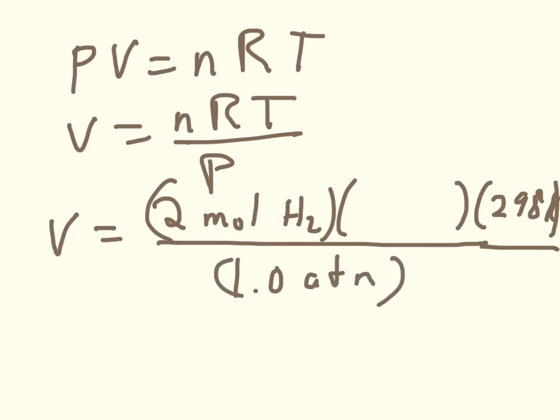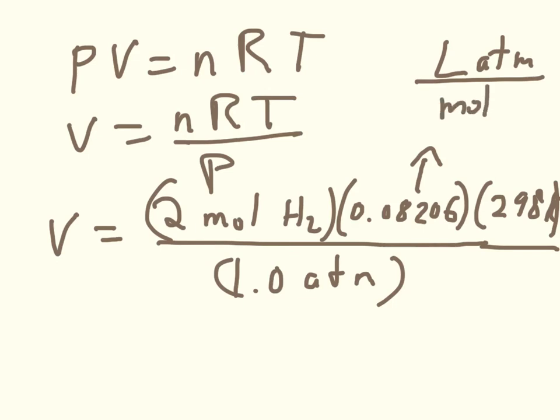We want something that's going to cancel these to give us units of volume. Since we're using atmospheres as pressure units, it's convenient to use the version of R that is 0.08206. I'll write the units out here: liter atmospheres per mole per kelvin.